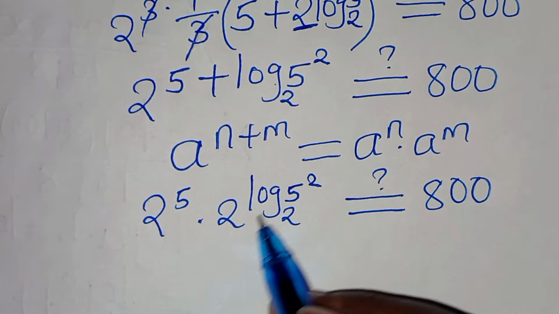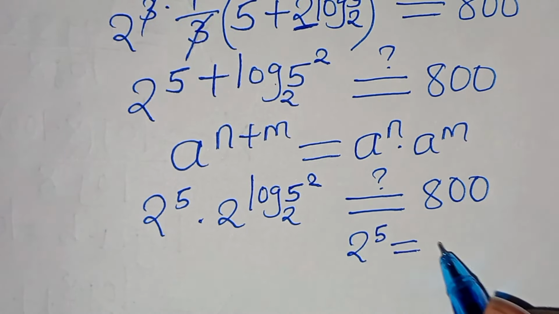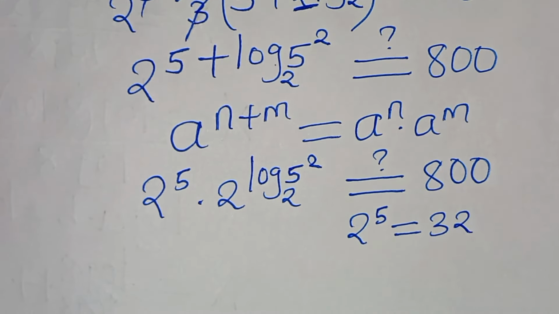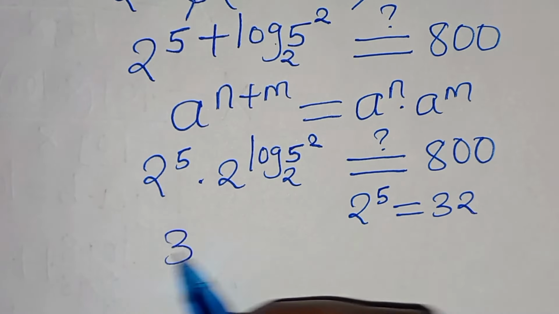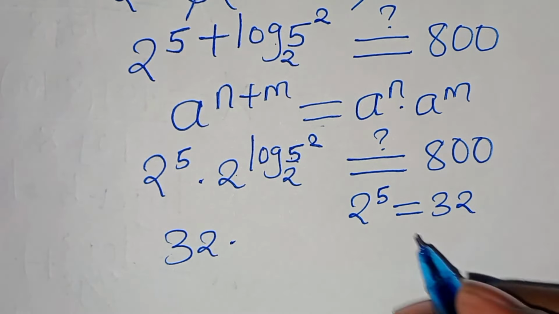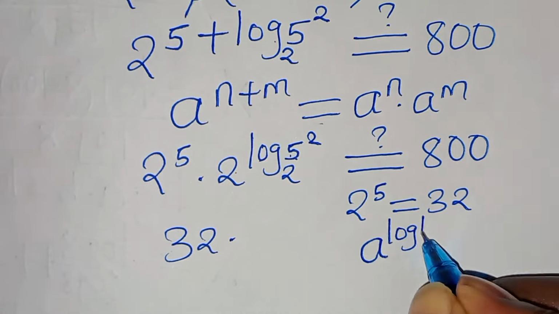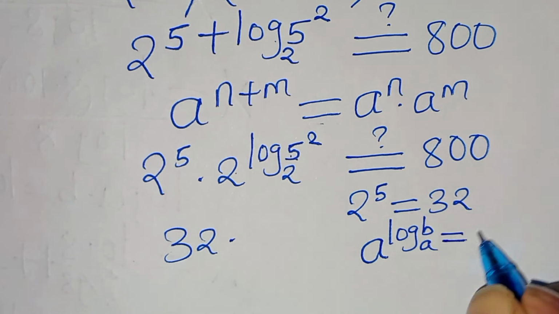So this implies that from here, 2 to the power of 5 is the same thing as 32. So we have 32 multiplied by 2 to the power of log 5 squared to base 2. And this is in the form of a to the power of log b to base a, and this is actually equal to b.